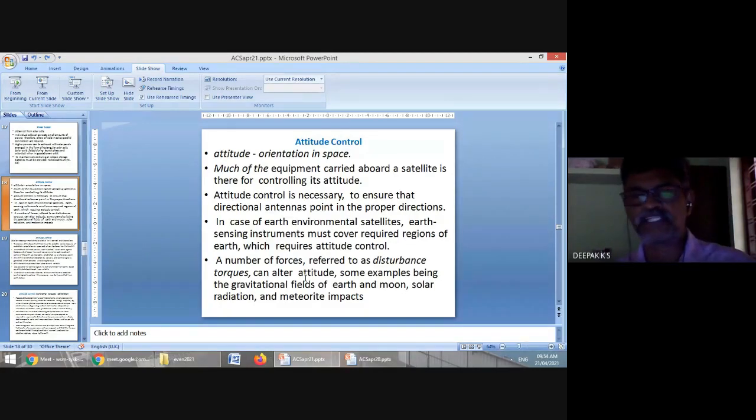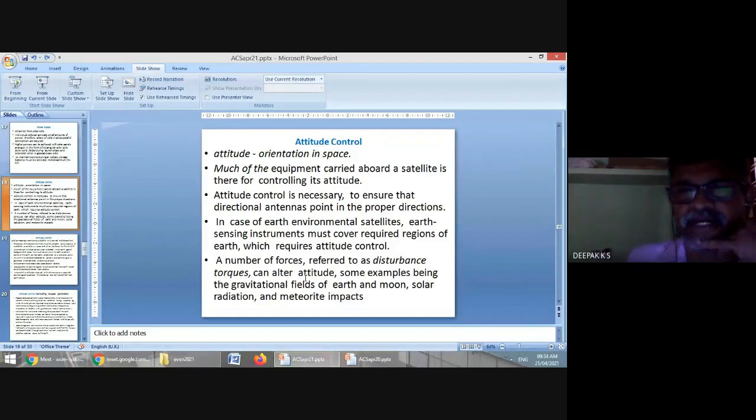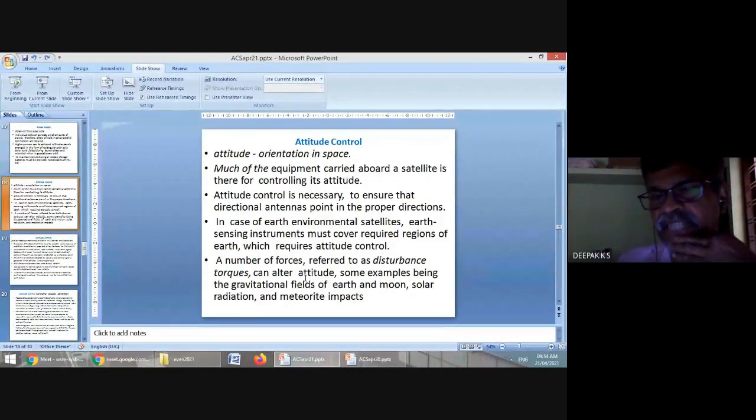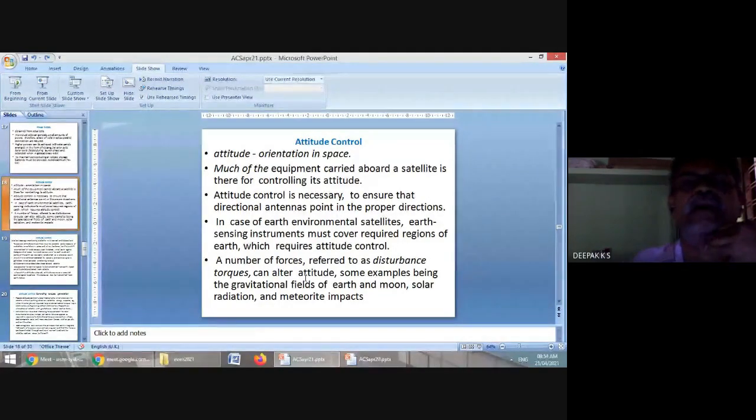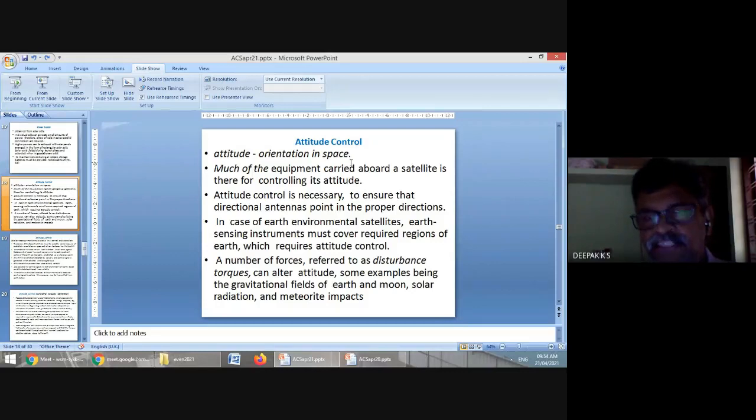So the first function in the bus is power, and the next function is attitude control. Attitude means orientation in space. Your antenna is looking at an earth station on the uplink side, and on the downlink side it has to focus on the footprint, the intended area.